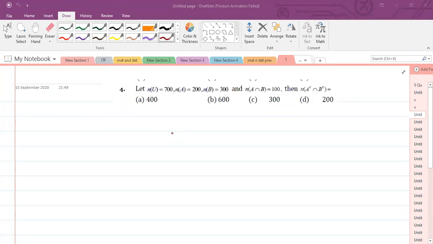Next question number 4. n of U is equal to 700, n of A is equal to 200, n of B is equal to 300, and n of A intersection B is 100.